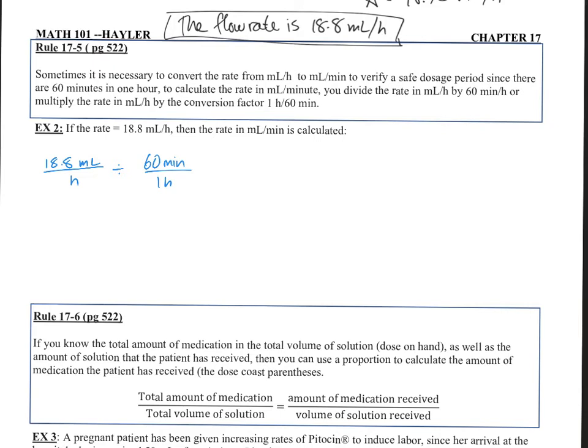When we do the division, we'll take the reciprocal. And the hours will cancel, and we will be left with our answer, which is 0.31 milliliters per minute.